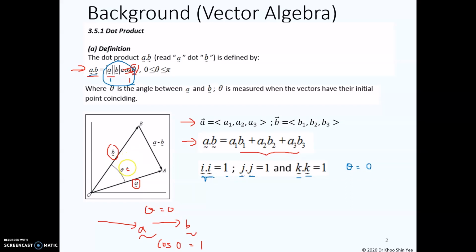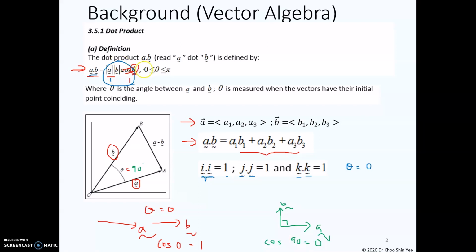On the other hand, if your angle is equal to 90 degrees, so in this case, your vector A and vector B are 90 degrees different. And we know cos 90 is equal to 0.